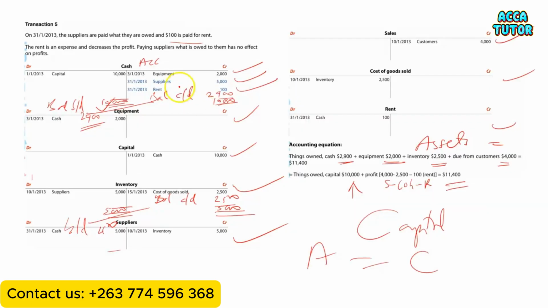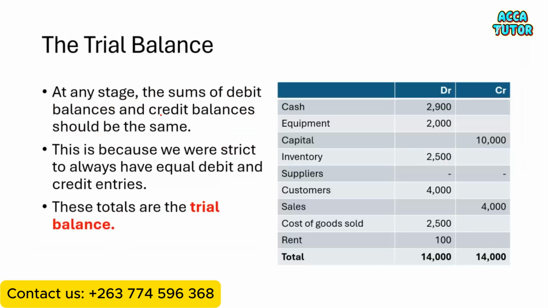Remember, cash is an asset. We said the closing balance was 2,900. So in the trial balance, it should appear as 2,900. And on the debit side, remember the assets are on the debit and other items will be on the credit as appropriate. So the cash is 2,900, debit.